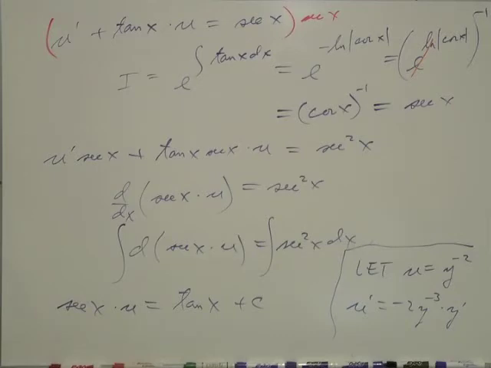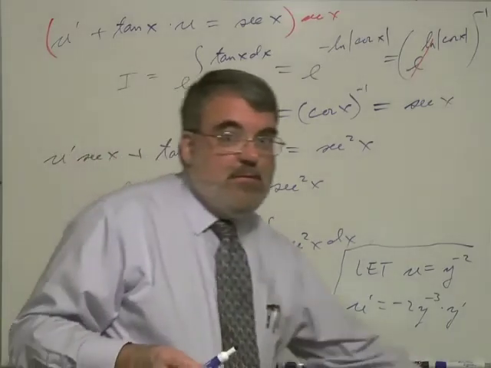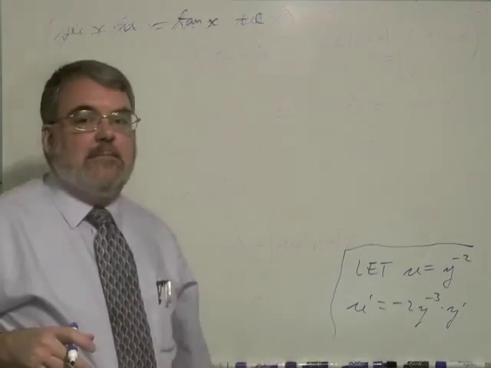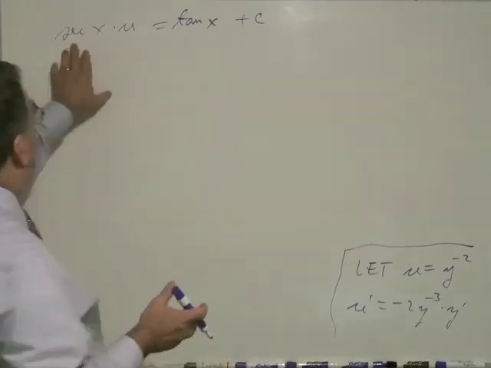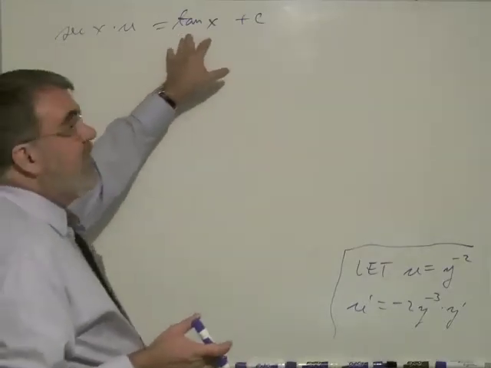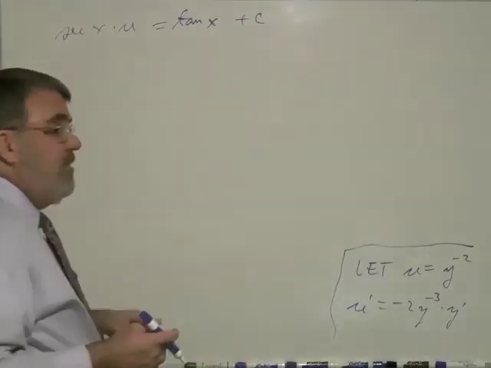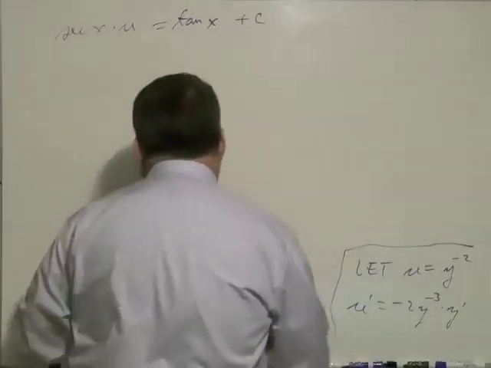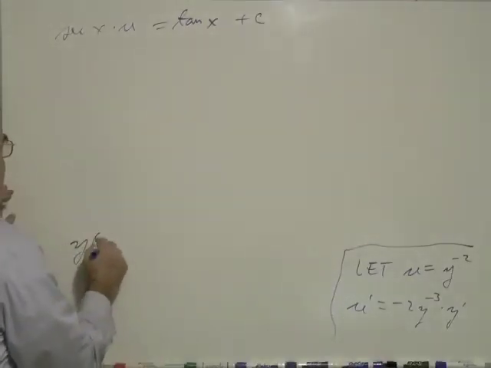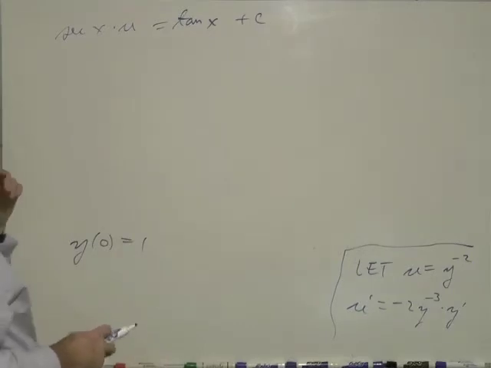And I think at this point I'm wanting to go ahead and put in the initial conditions. So let me do some erasing here so we have some room to work. Now this is where we left off. We had secant x times u equals tangent x plus c. And recall that our initial condition, I'll write out here, was y at 0 equal to 1.